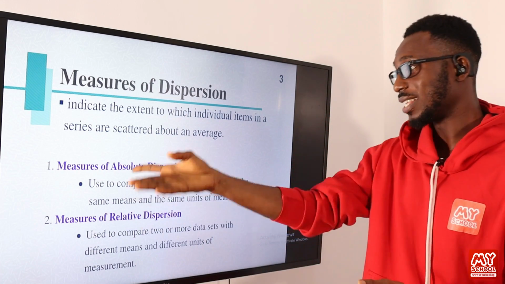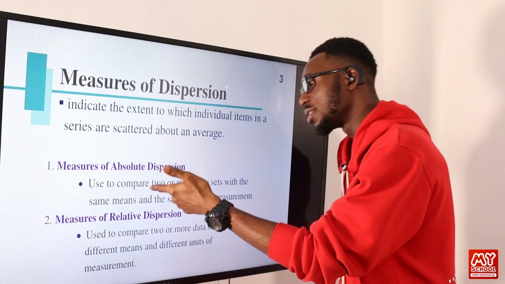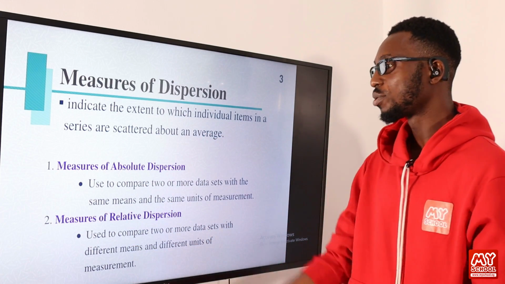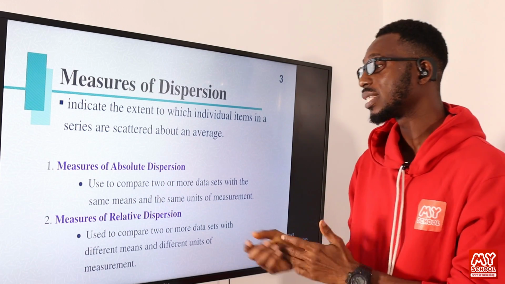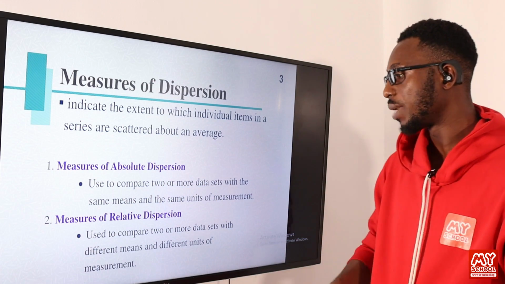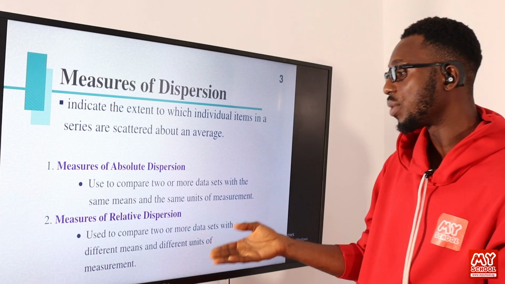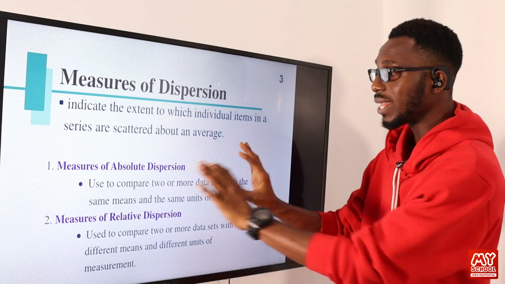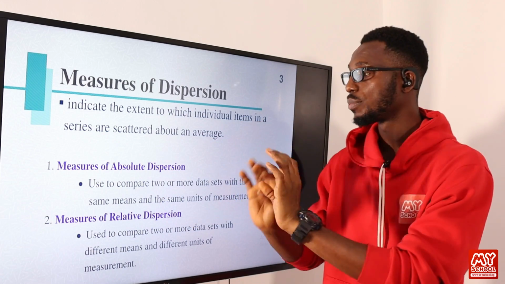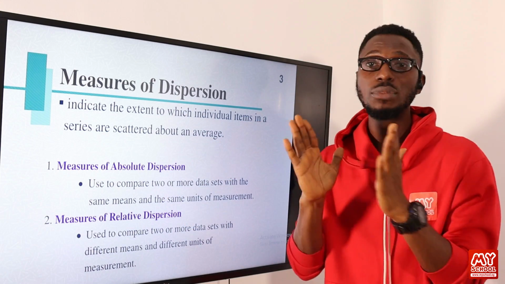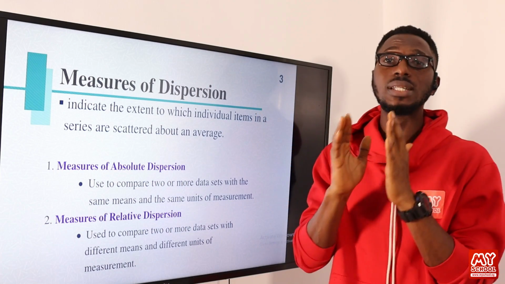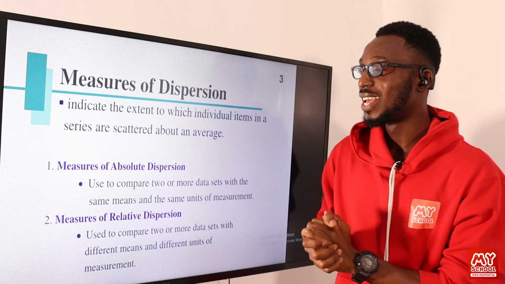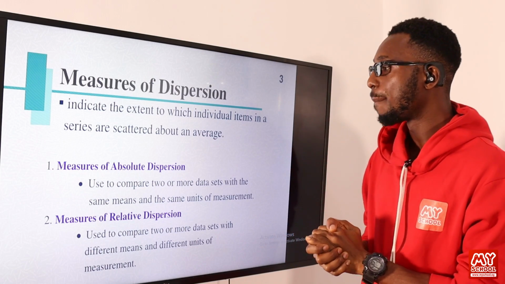Earlier we mentioned the absolute measure of dispersion and the relative measure or coefficient of dispersion. The relative measure is used to compare two or more data with different means and different units of measurement. One thing you can use to distinguish between them is that in the absolute measure of dispersion you are going to be using the same unit. This can be squared, but it is the same unit. So let's move ahead to the concepts we have under absolute measure of dispersion.